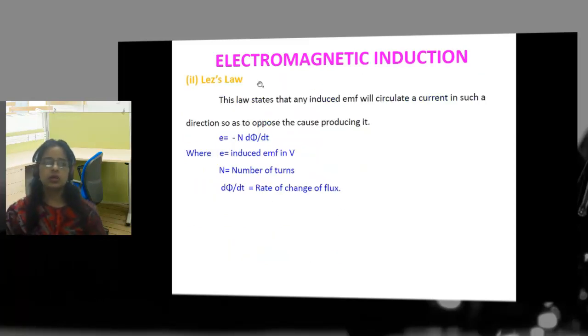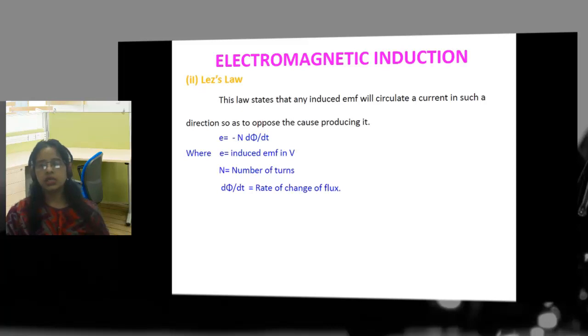Another law comes out from here, Lenz's law. Sorry for the spelling, it should have been Lenz apostrophe s. This law states that any induced EMF will circulate a current in such a direction so as to oppose the cause producing it. The current is flowing in the conductor due to which a magnetic flux is created, right?